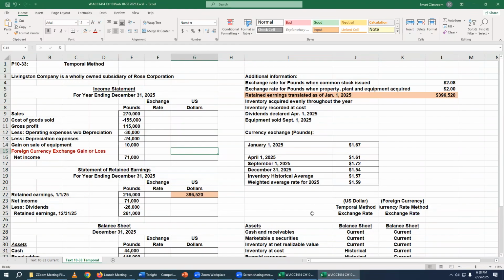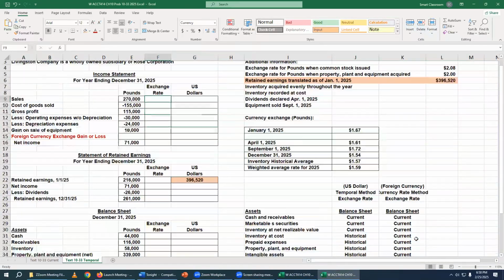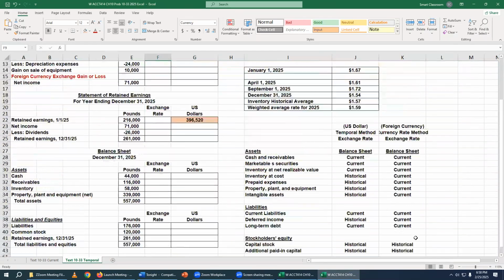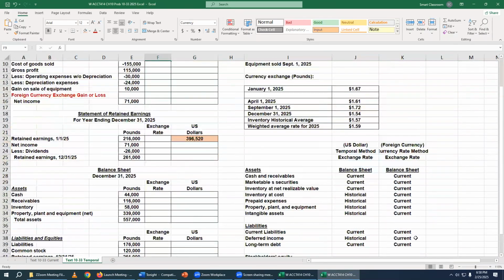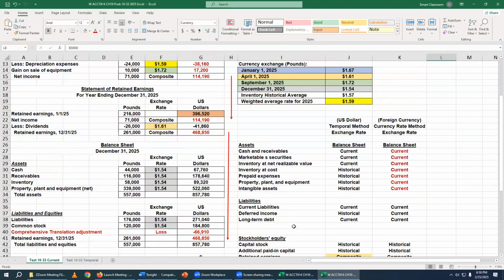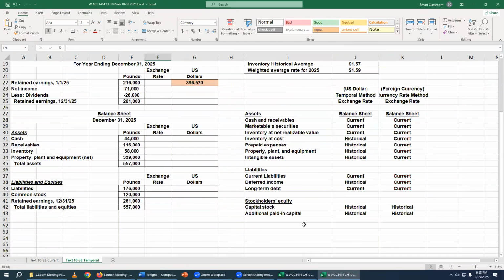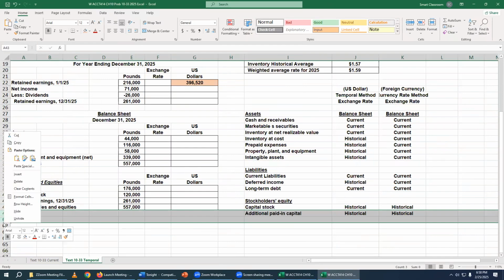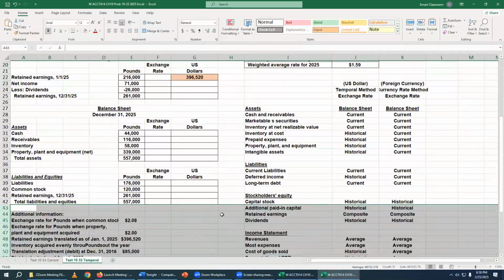Okay, so let's go to sales. Sales will go on the temporal method. What happened here? I'm missing half of my... Oh, look what I did. I got a bunch of stuff hidden. I bet you money I got some calcs in here.